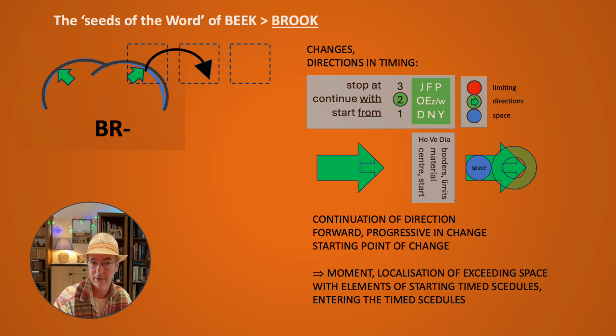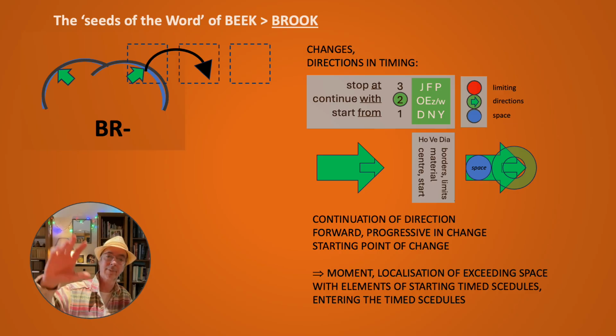Brook, I think, is also a possible word, because that's one of the English words for the beek, the way I started with, the beek, the small water stream. It also starts for the English with br, and it goes to the o. So I also have to explain o, where you have it in my system. It's in the second category, about changes, about directions.